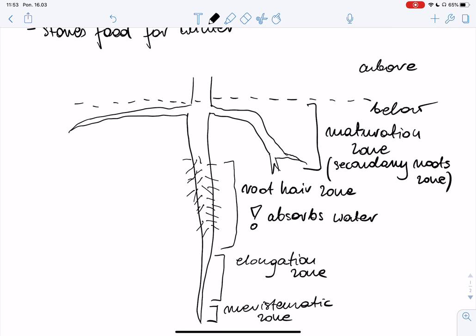And its function is not to absorb as much water, but to support the plant because it just spreads around right below the ground surface. So when the wind is blowing, the plant is leaning a little bit, but it won't fall down. Guys, those tiny hairs are called the root hairs.